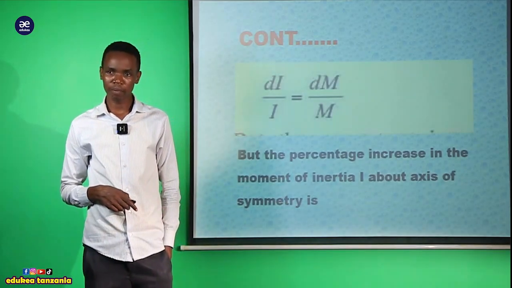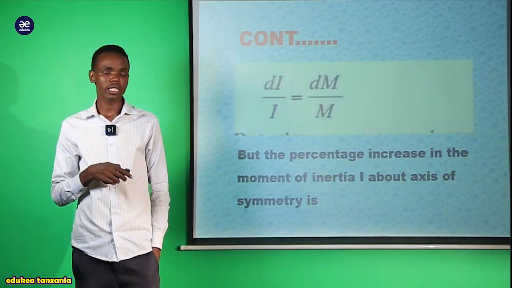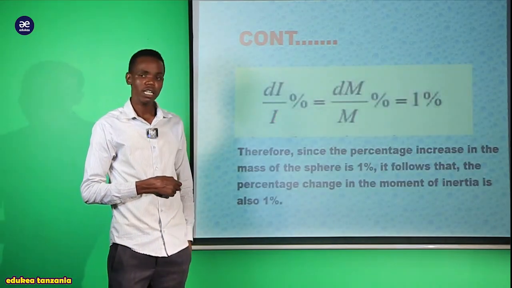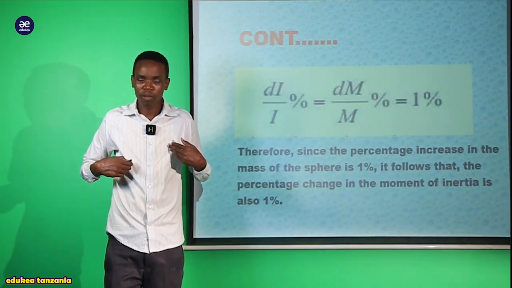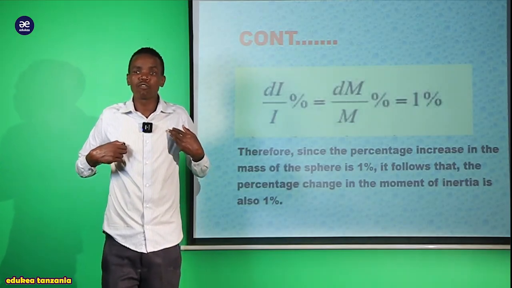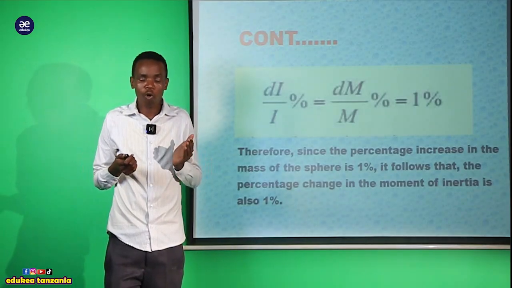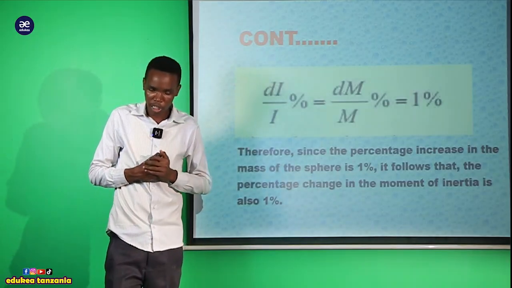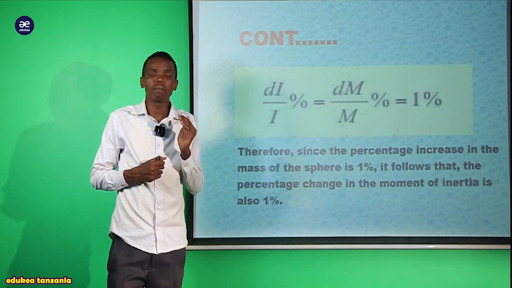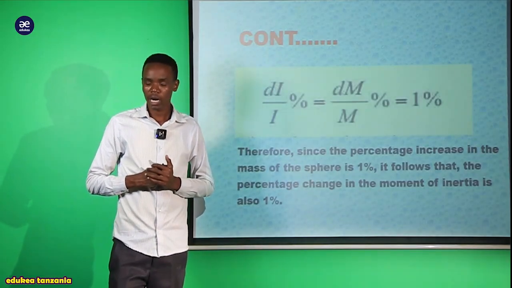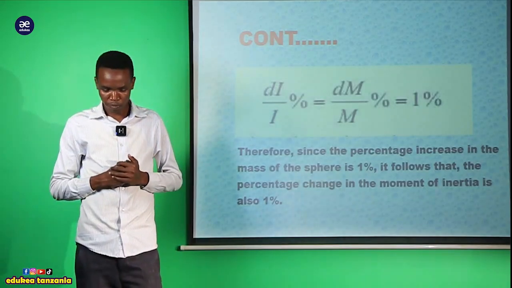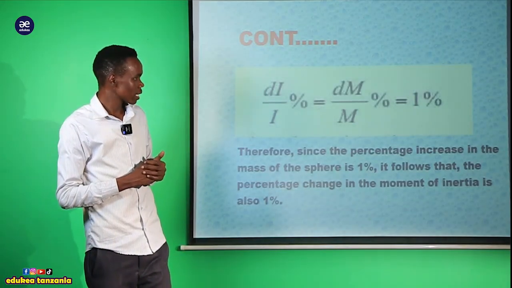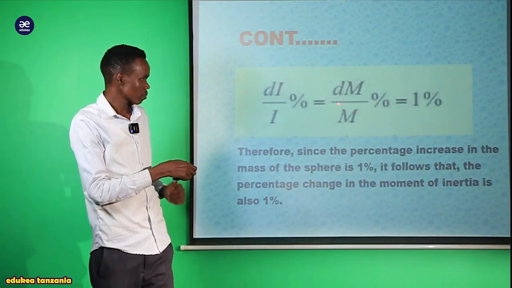If we multiply, we obtain that dI divided by I, which represents the percentage of the moment of inertia, equals the percentage of the mass of that solid sphere.